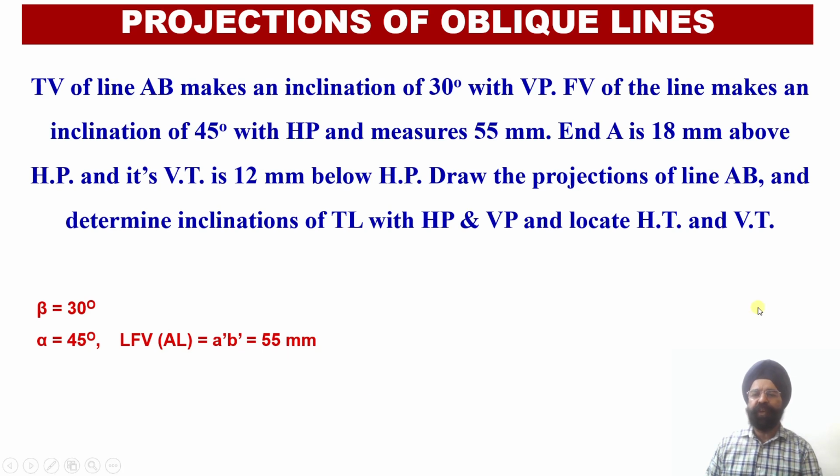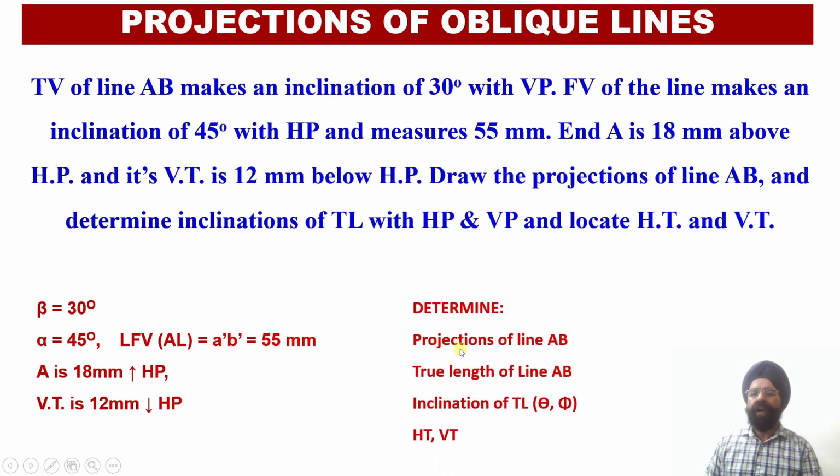Besides this, we also know that end A of the line is lying 18 millimeter above the horizontal plane, while the vertical trace of the line is lying 12 millimeter below the horizontal plane. So with this information provided to us, we are required to draw the projections of the line AB, the true length of the line AB, and the inclinations of the true length of the line with respect to the horizontal plane as well as the vertical plane.